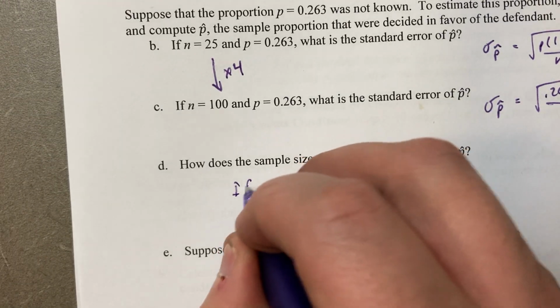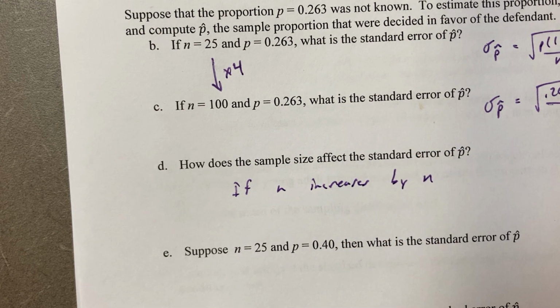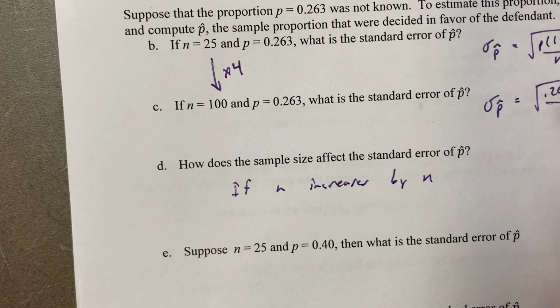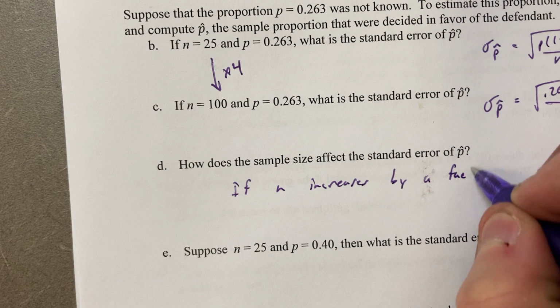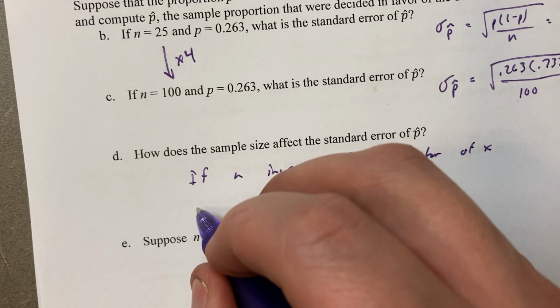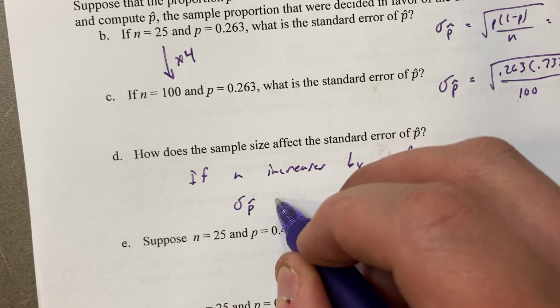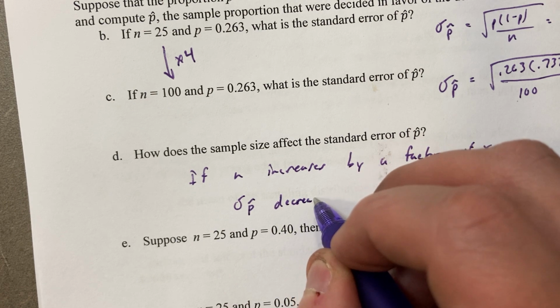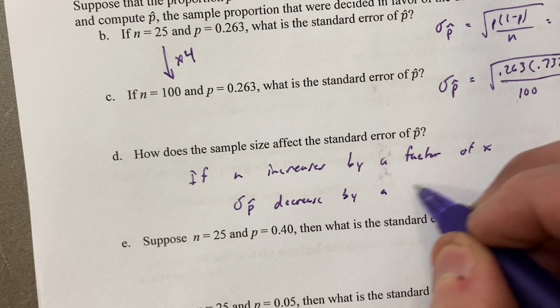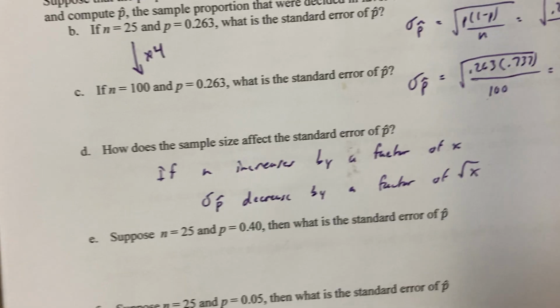If n increases by a factor of x, so if I double it, triple it, whatever, the standard error decreases by a factor of square root of x.